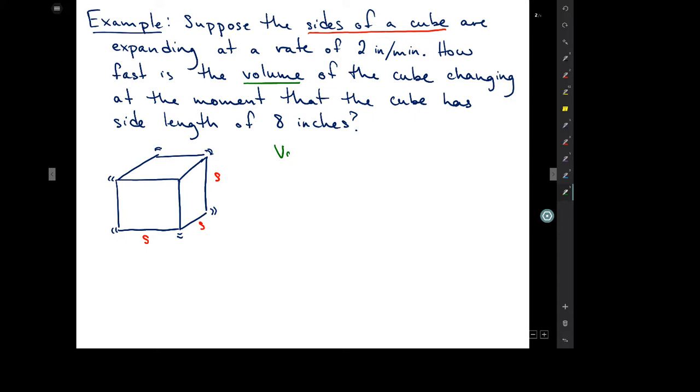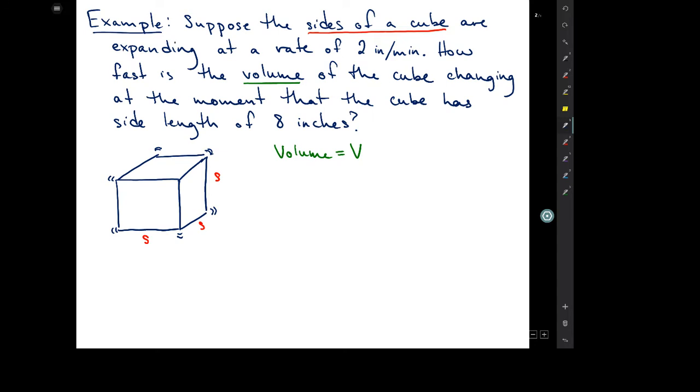So I'll call that V. Now, we know our quantities. We know that we have sides and volume. If you don't know it already, pause the video and think for a minute, how are volume and side related to each other? This is usually the hardest part of these problems, so take a moment, think about it for yourself until you get it.